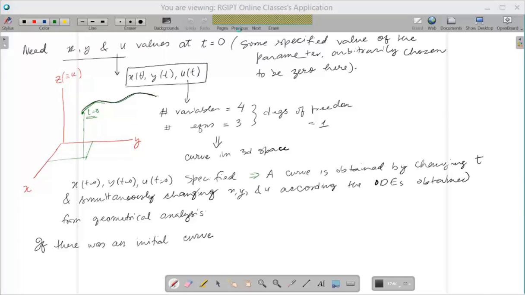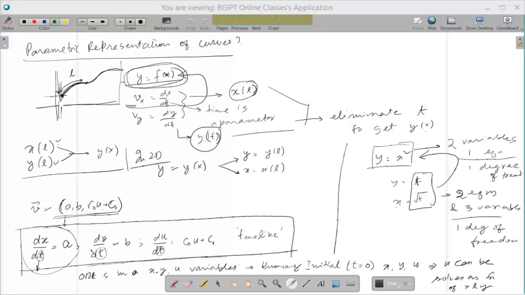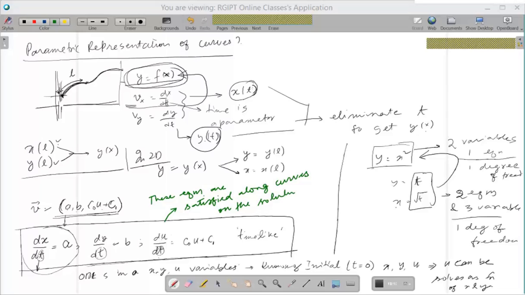So along a curve on that particular solution surface, these equations are satisfied. If you move tangentially along the solution surface, these conditions will be satisfied.